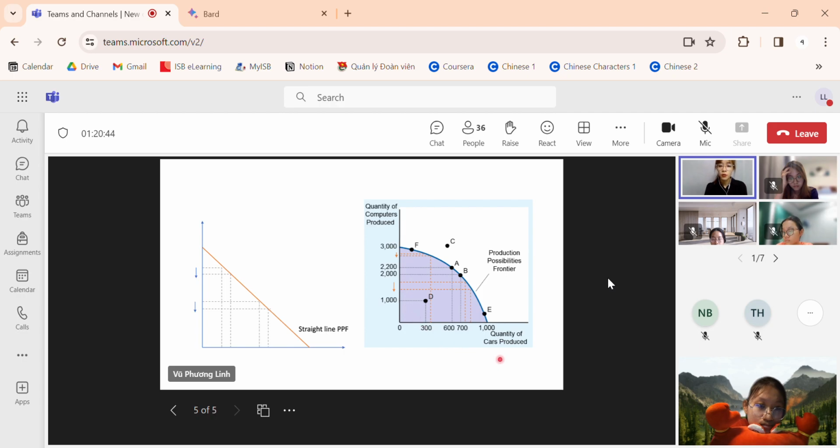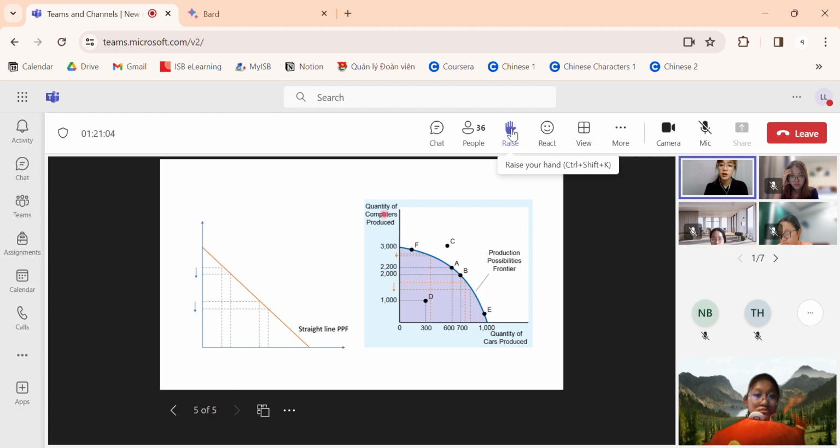As I move along the curve, that problem is getting more and more serious, and the amount of computers that I need to give up is getting larger and larger over time because of that. So what is the story behind all of the story that I tell you? When I keep moving the labor in that way, do you think that they know exactly how to produce cars immediately?